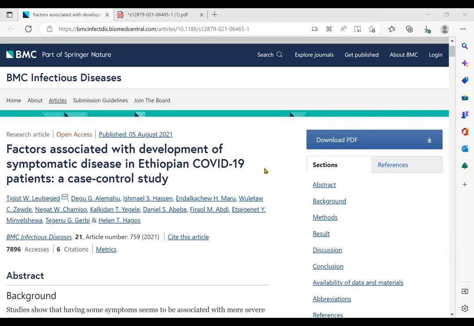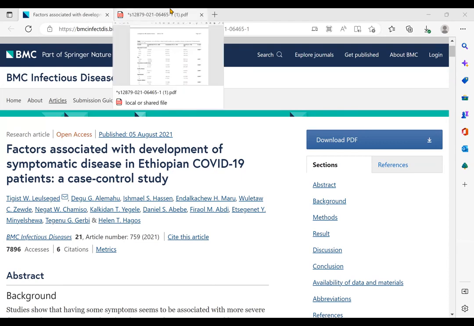So we started from the outcome and we tried to assess their exposure, their prior medical history, and we tried to see if they have any similarity or difference. And at the end, we tried to make an inference whether some of the factors are actually responsible enough to make the patient develop symptomatic disease and develop further severe or critical COVID-19.